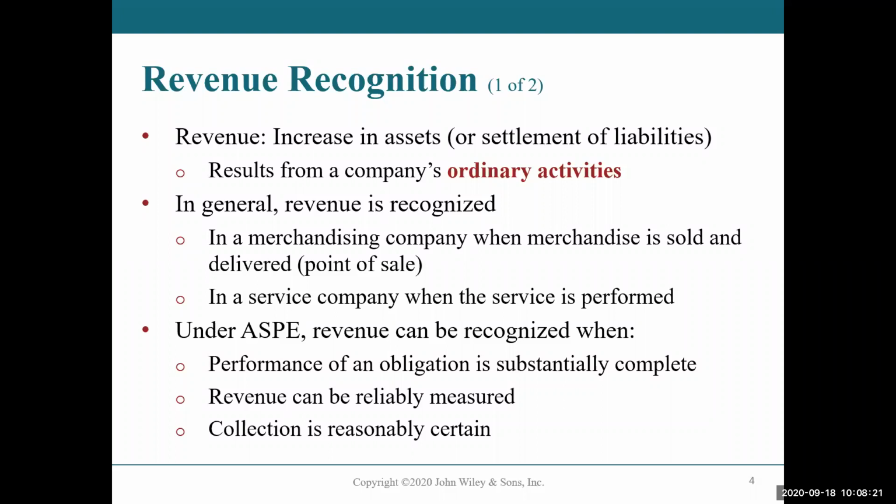For service companies, once the service is performed, we assume the revenue is earned, so you are good to go ahead and record that revenue. Under ASPE, revenue is recognized when the performance obligation is substantially completed, when you can measure your revenue, and when collectibility is certain.